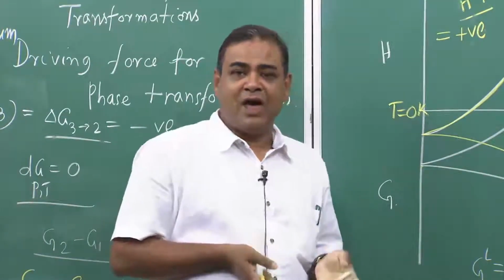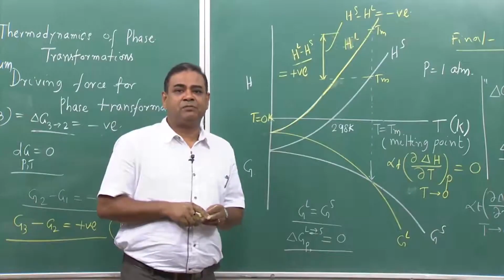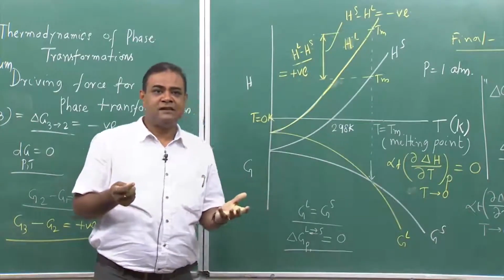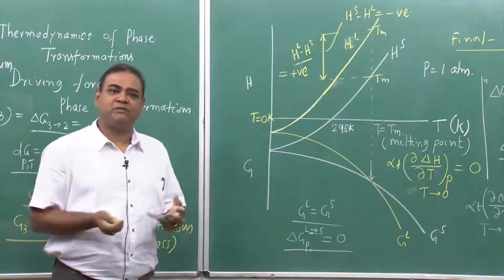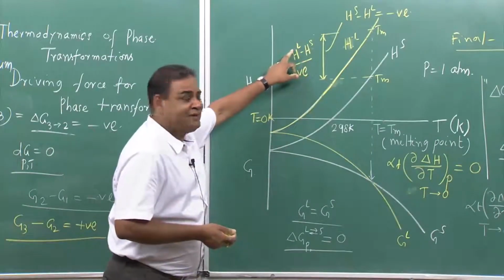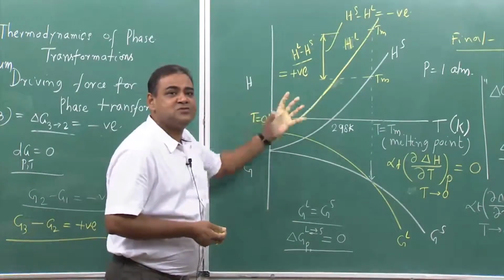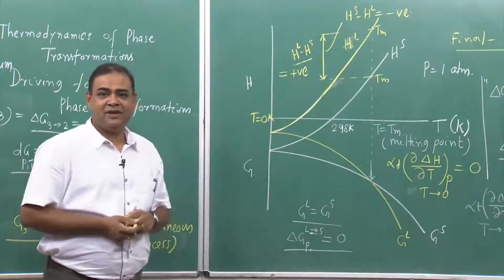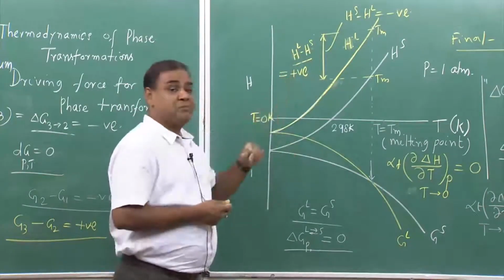Now, in our sign convention, for an endothermic process, the state function change is a positive quantity. Now, you see solid going to liquid, the value becomes positive, that means the solid has to absorb heat, and then it can go to liquid at that particular temperature.